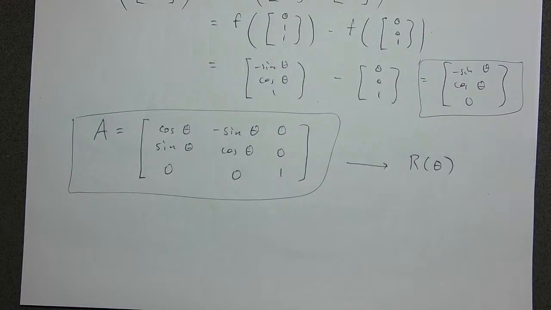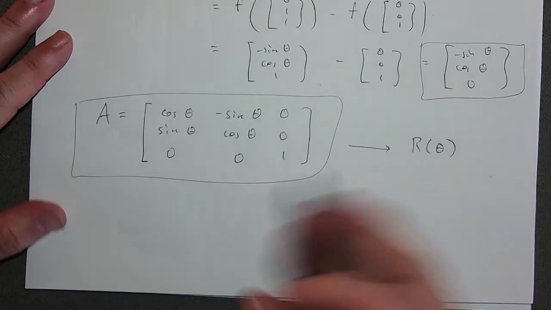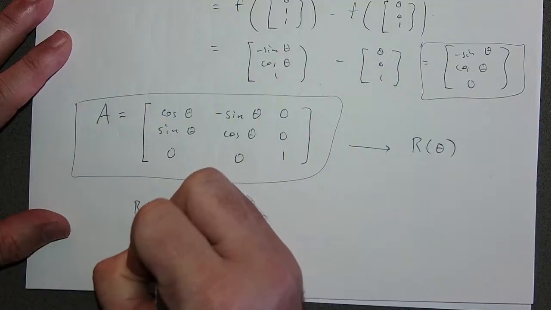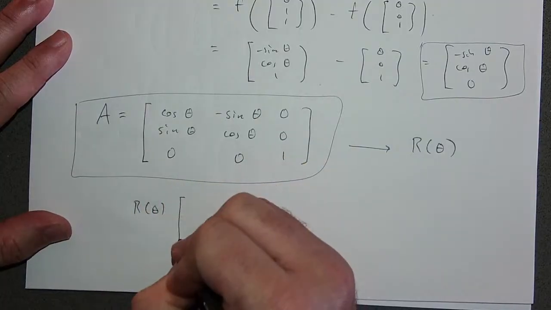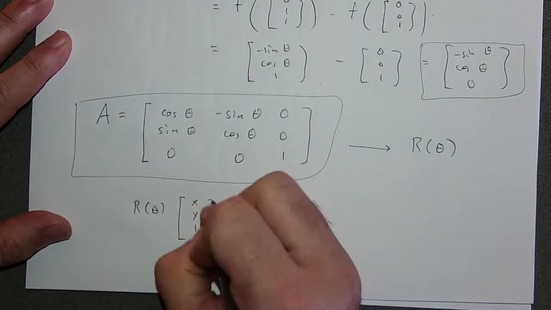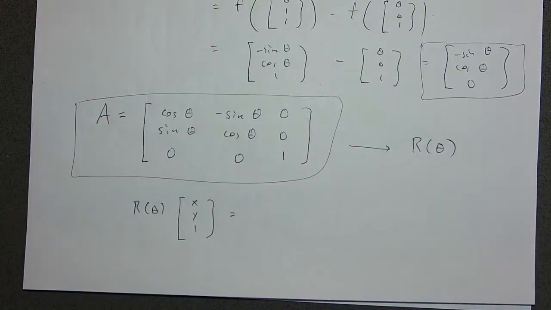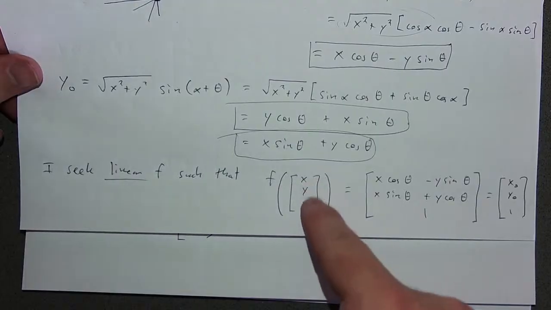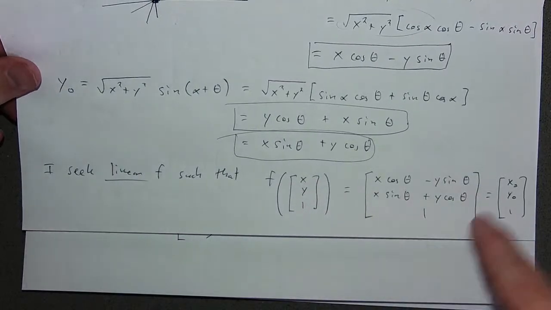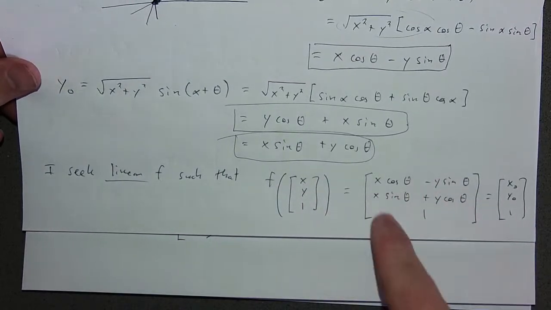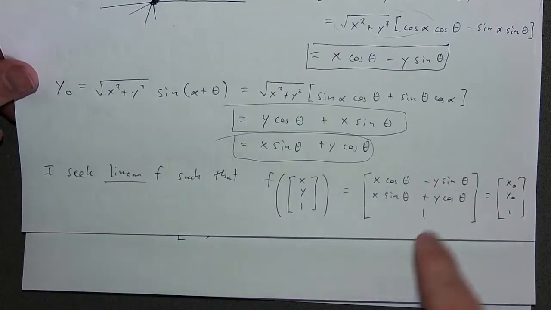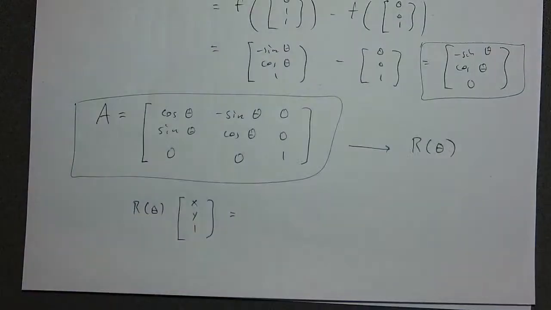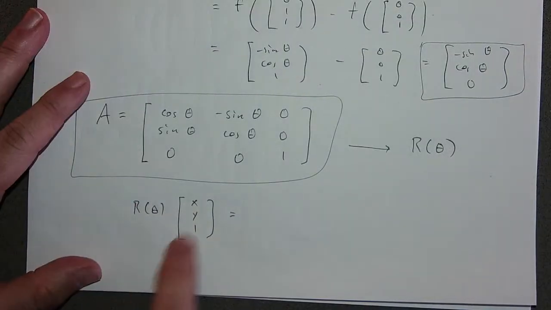Okay. Let's check that this actually works. So its general form. What if we apply R of theta to the vector x, y, 1? Just to remind ourselves what we want this to be, we want f of x, y, 1 to be this thing: x cosine theta minus y sine theta, x sine theta plus y cosine theta, and 1. Let's check that that's actually what we get here.